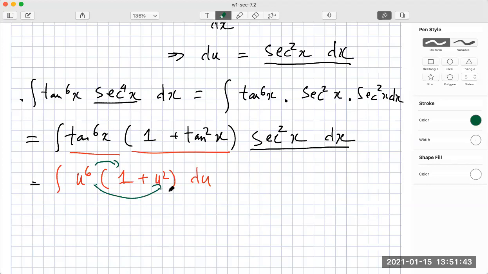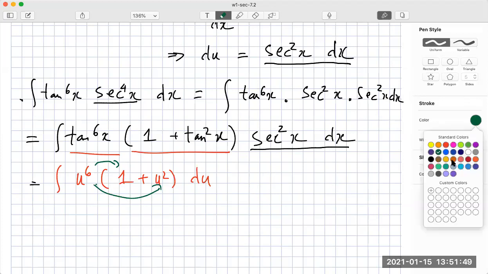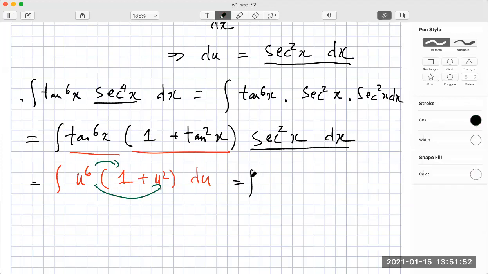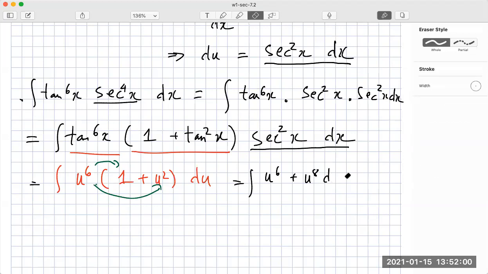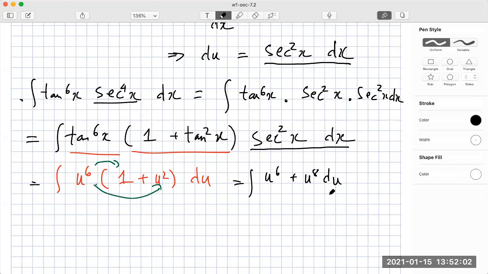Let us distribute it first, right? This is a product. It looks complicated. So if we distribute it, it will be du, sorry. Okay, be careful. Du.